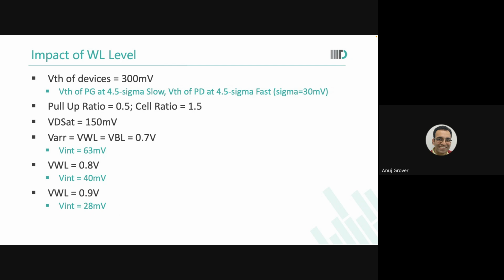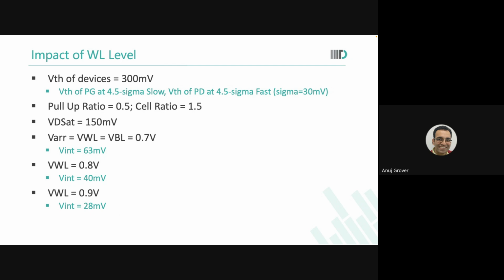Okay. If I take the word line to 0.9, what happens to the resistivity of the pass gate? I've improved its VGS. The gate voltage has gone to 0.9. The source voltage is still at 0. What would happen to the current that can flow through the pass gate? More current can flow. Have you done something to the pull down?